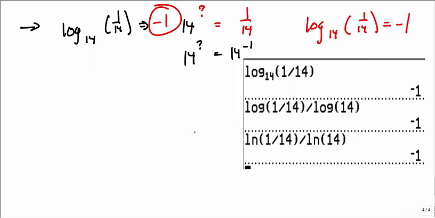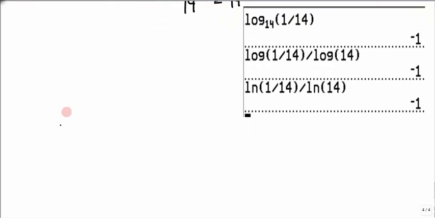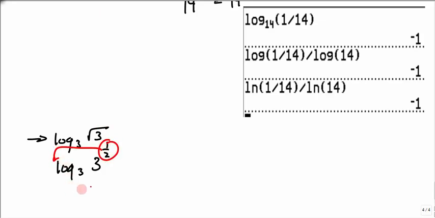Okay, let's run through a few more of these. Let's look at log base 3 of the square root of 3. So this is log base 3 of 3 to the 1/2. The square root is the same as the exponent of 1/2. Using my rules of exponents, I could pull this 1/2 out front, so I'd have 1/2 log base 3 of 3.